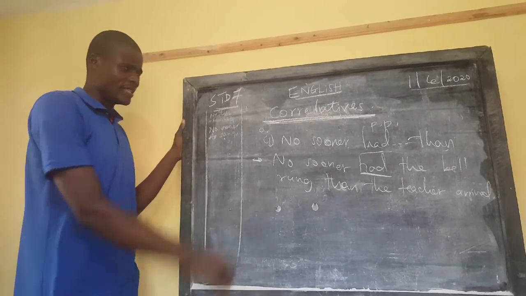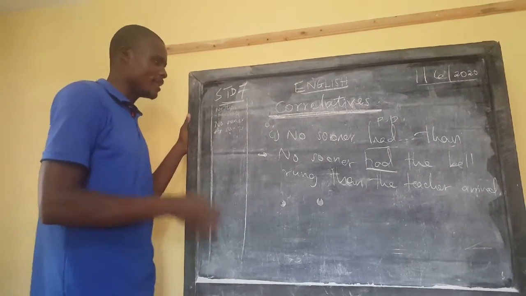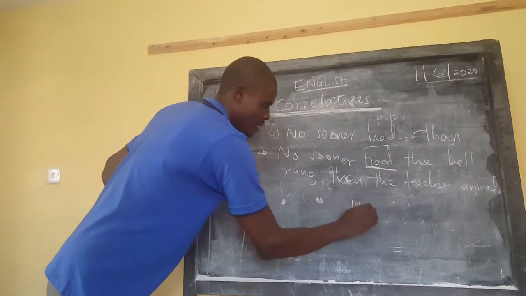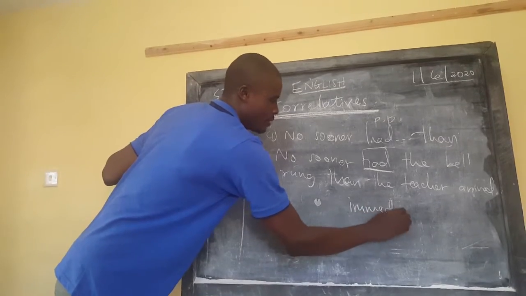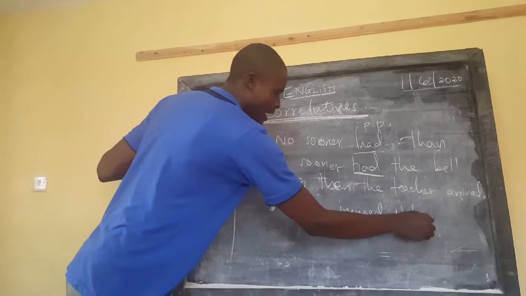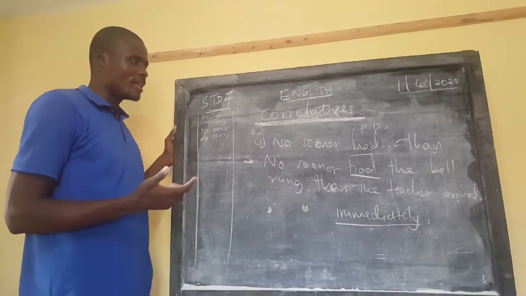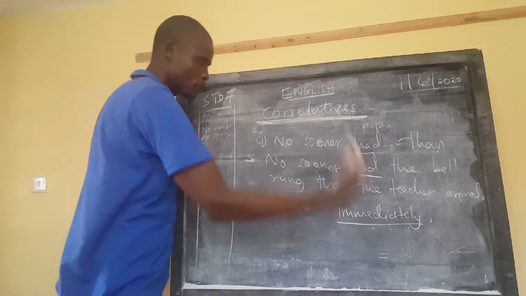So if you look at this sentence, learner, we are getting one thing, that immediately, there is what this word immediately. Can you write it there? Immediately one thing happens, learner, get it very right. Immediately one thing happens, the other one follows.